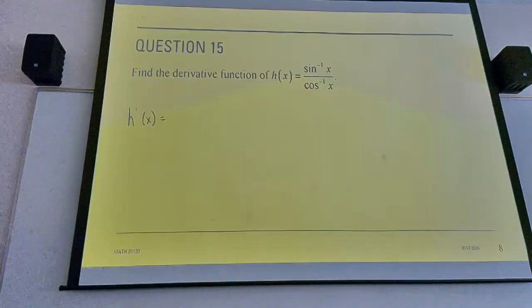What kind of function are we dealing with? So we have to use quotient rule. Numerator, what is its derivative?